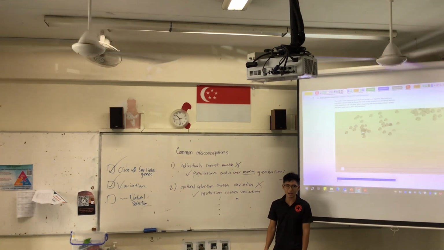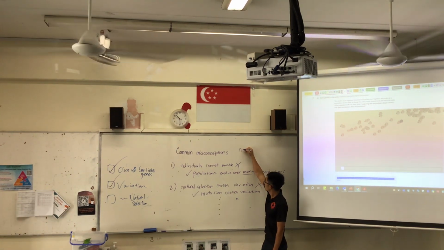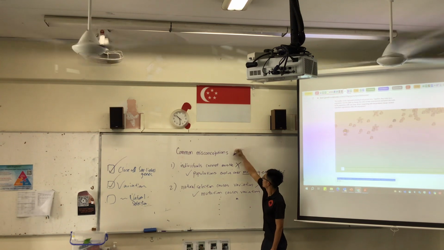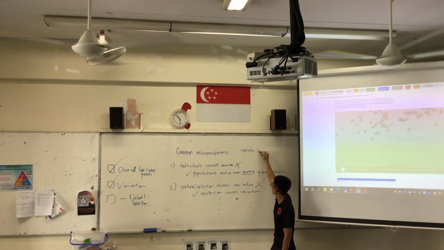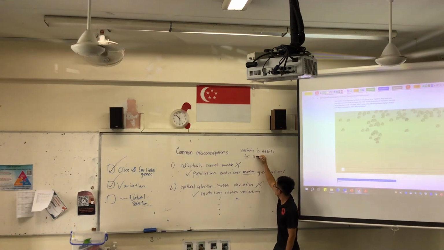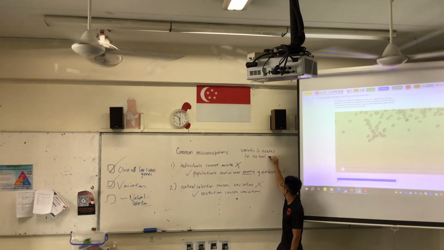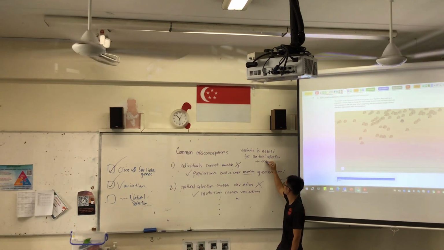What does this imply? It implies that variation is needed for natural selection to occur.